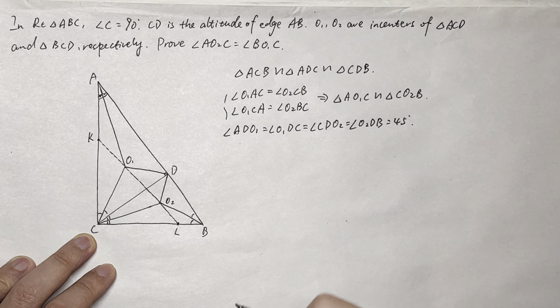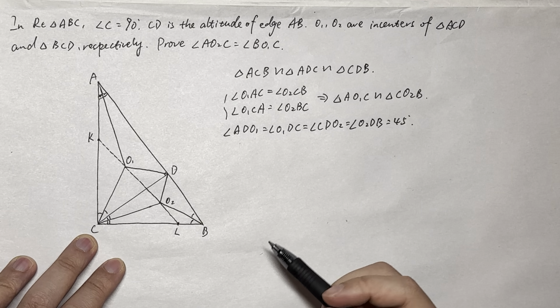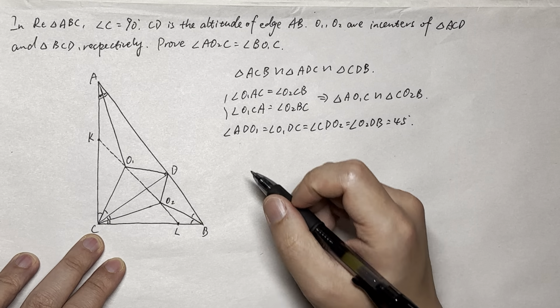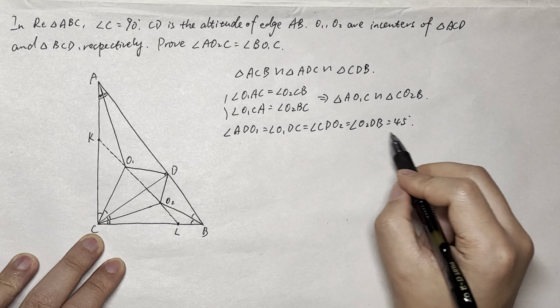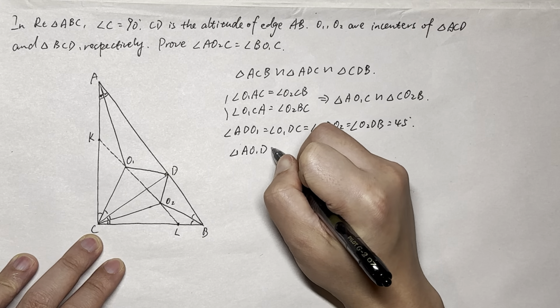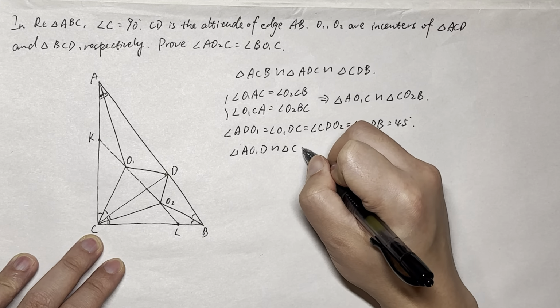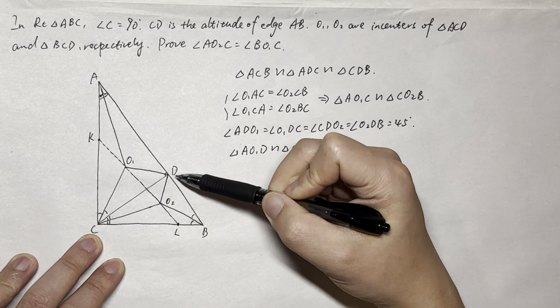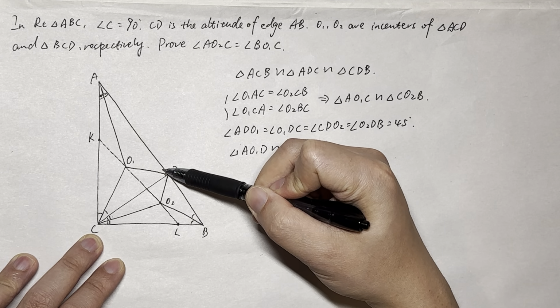These four angles are equal; they are all 45 degrees. So we know that triangle AO1D is similar to triangle CO2D. This angle equals this one, this is 45 degrees, this is 45 degrees.